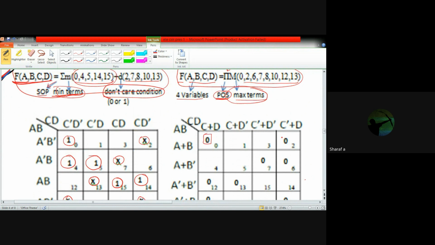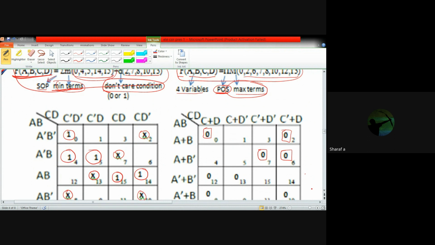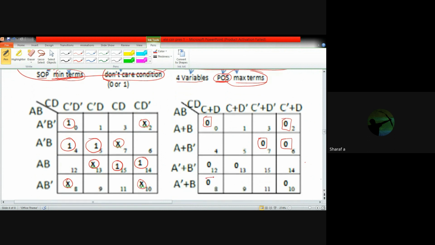Then in 2, you fill 0. Then in 6, you fill 0. Where is 6? Here. Then 7, you fill 0. 8, I think 8 is below. So in all those addresses given in the problem, you just fill zeros and then group these zeros.